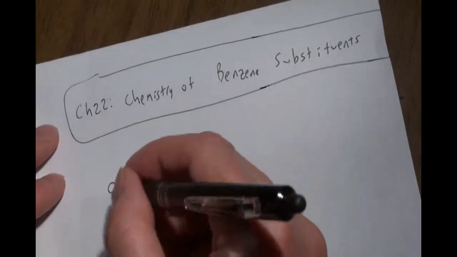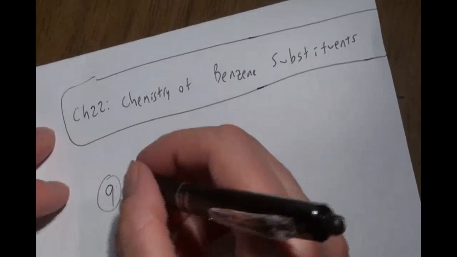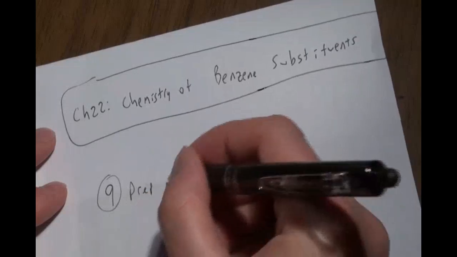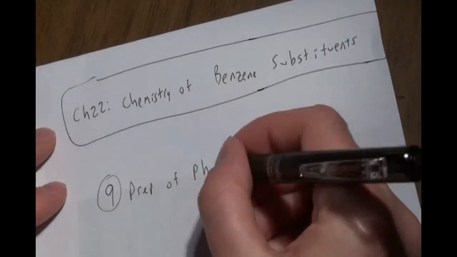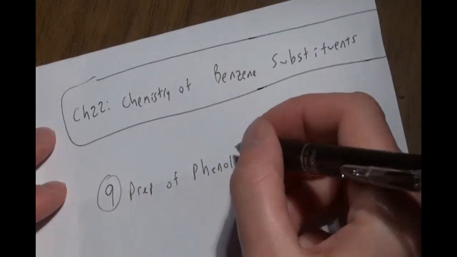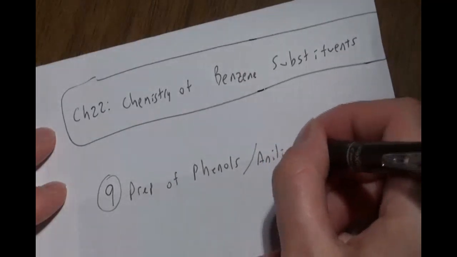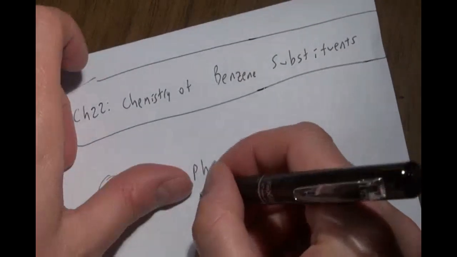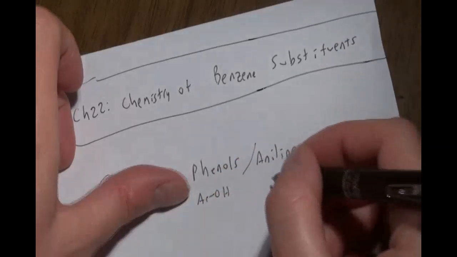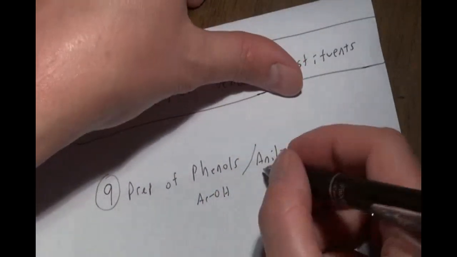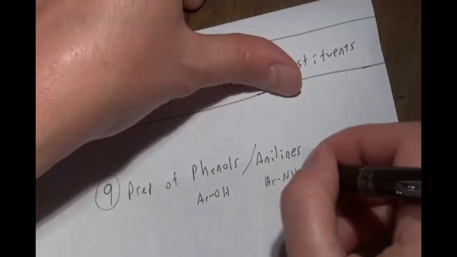We're on topic 9 now, which is preparation of phenols and anilines. Remember, a phenol is an aromatic alcohol. An aniline is an aromatic amine.